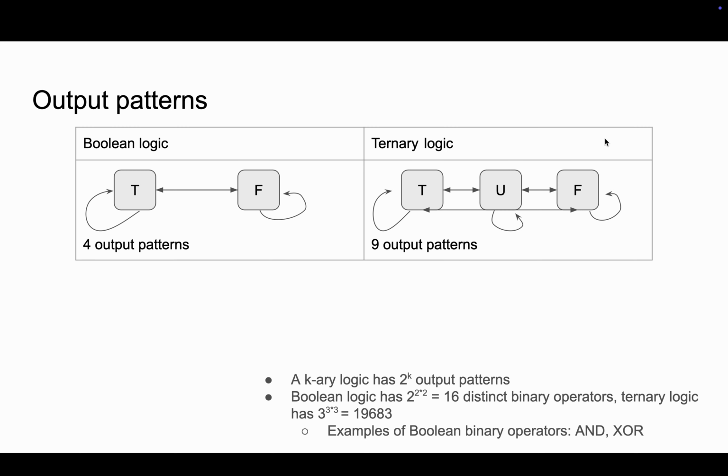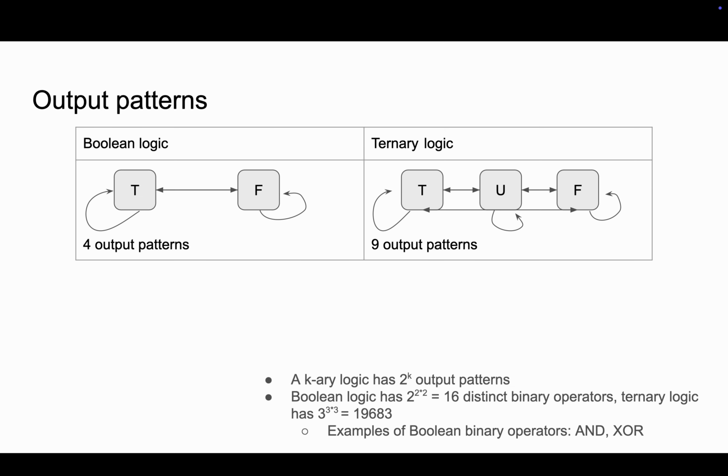Now let us talk about output patterns in order to contrast Boolean logic and ternary logic. Let the arity of the logic, which is given by the constant k, as in a k-ary logic, the arity refers to the number of different truth values.